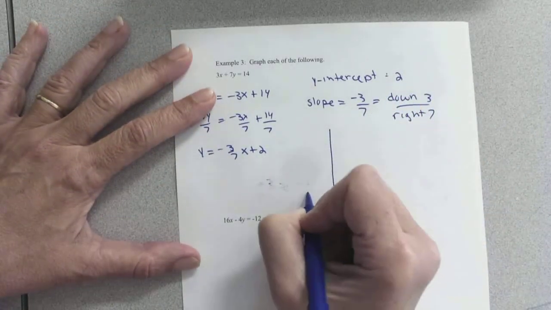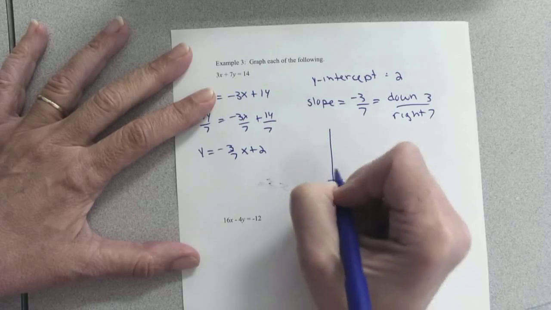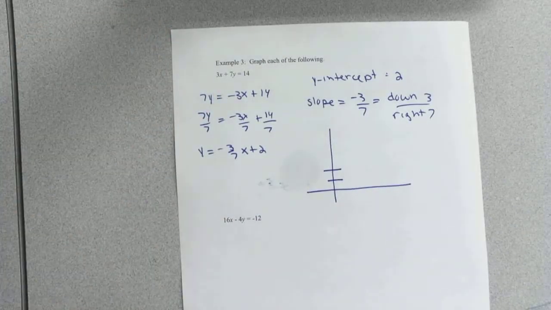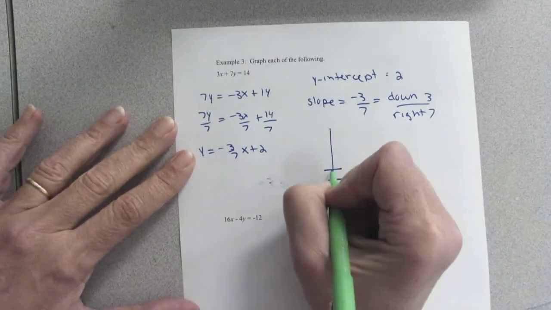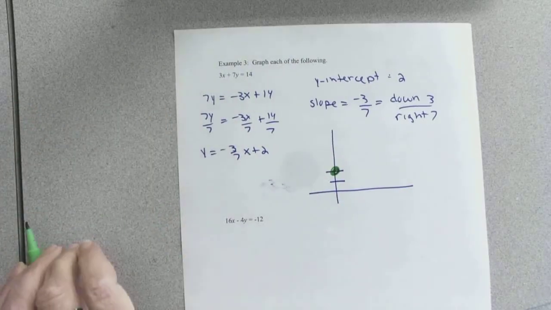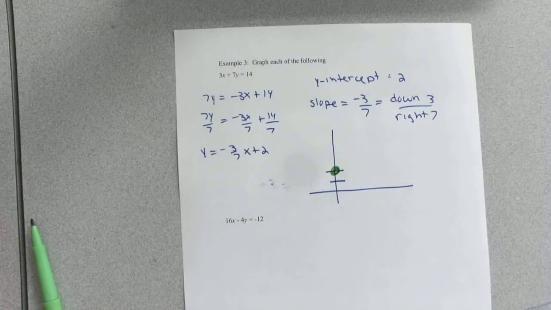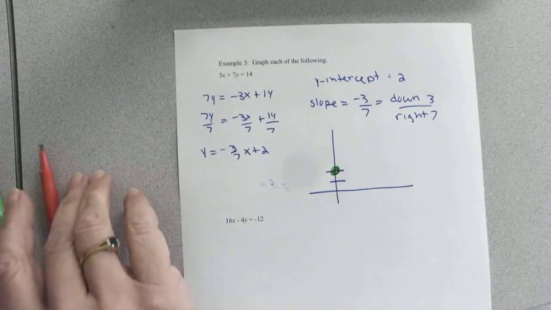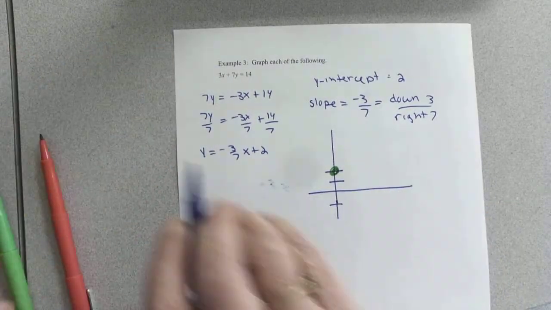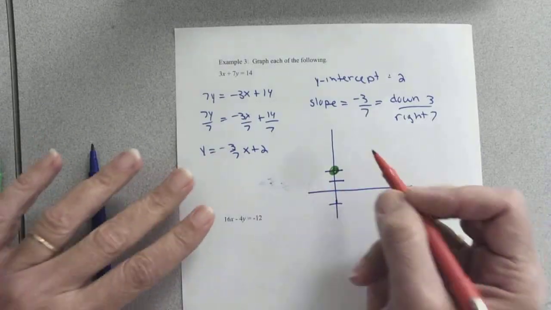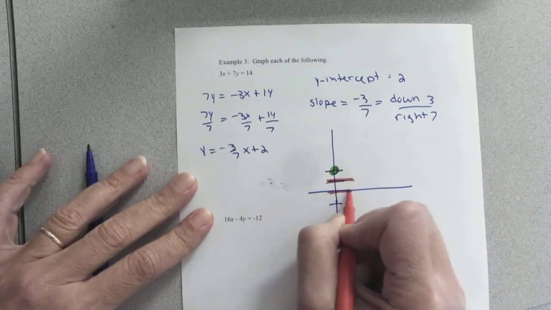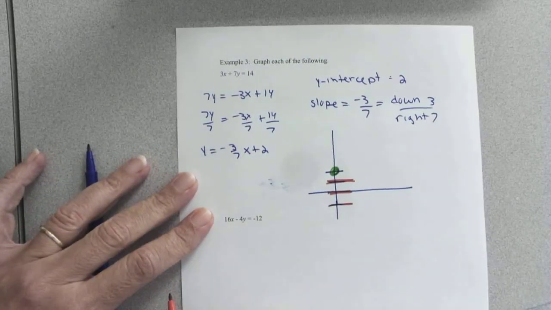So then graphing that, y-intercept 2, 1, 2. And I think I'll graph in green. So there's my y-intercept. Then counting from my y-intercept, I count off the slope. Down 3. 1, 2, 3.